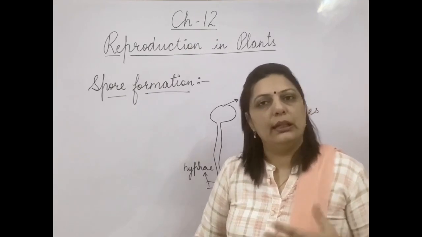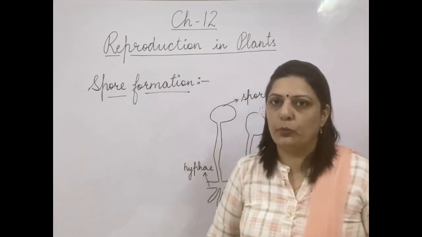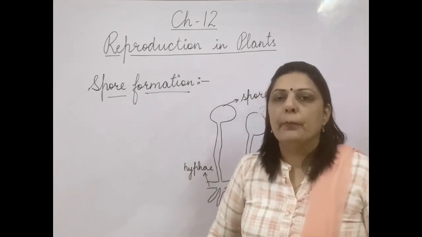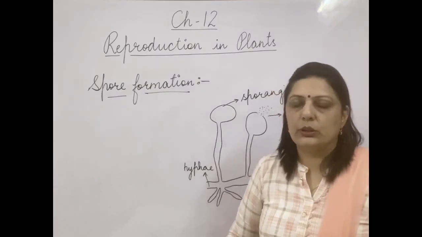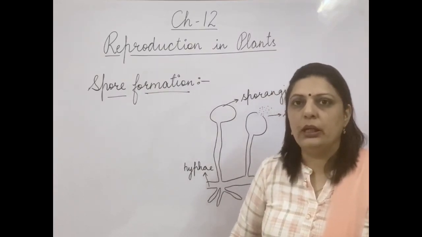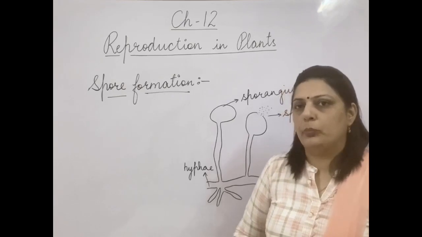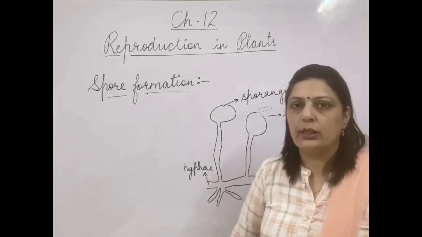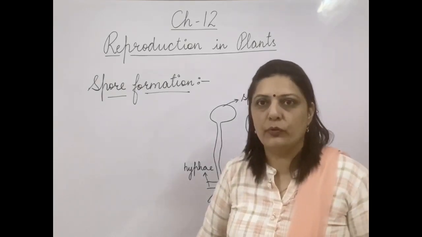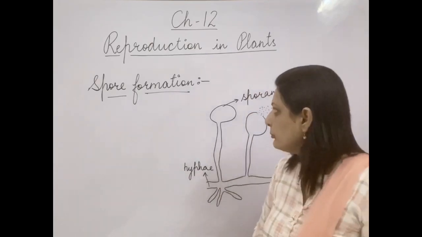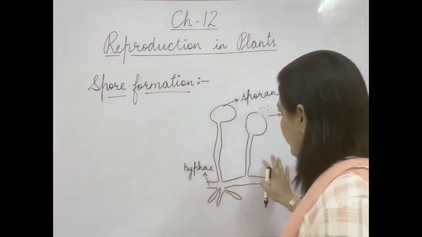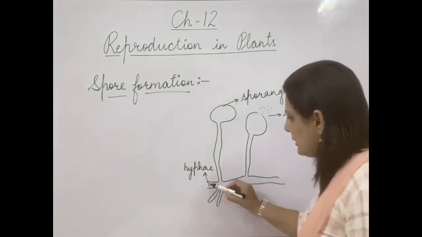Now one is yeast, which can reproduce by spore formation as well as by budding. But there are certain mosses and ferns which can multiply only with the help of spore formation. What are these spores and how are they formed? Let us discuss. Here I have drawn a diagram in which you can see this is the hypha.